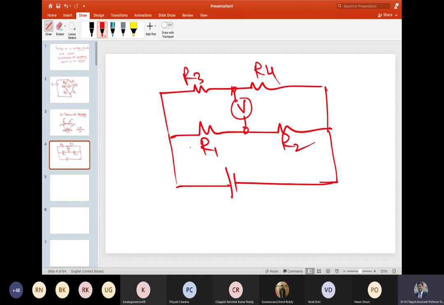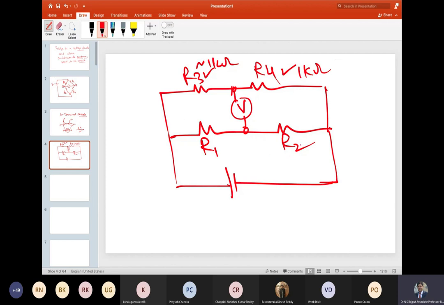Now I can take R3, R4 to be high values, maybe in the 1 kilo ohm range.